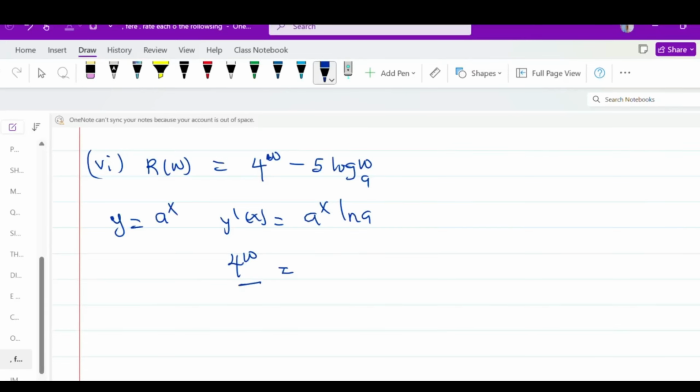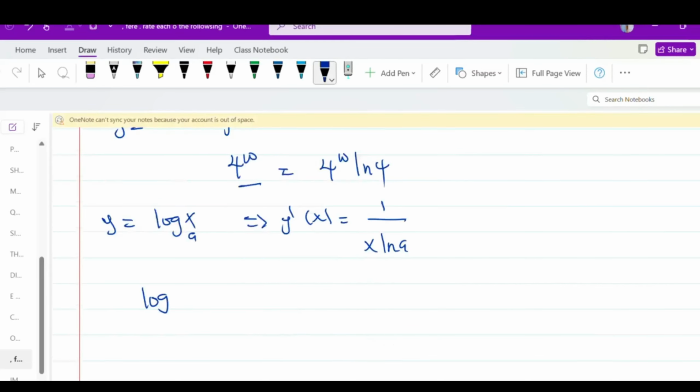Now, the second thing is, if you are having a function, say y equal to log of x base a, then your y prime of x will be 1 over x ln a. So similarly, our log of w base 9, when you differentiate it, you are going to get 1 over w ln 9.